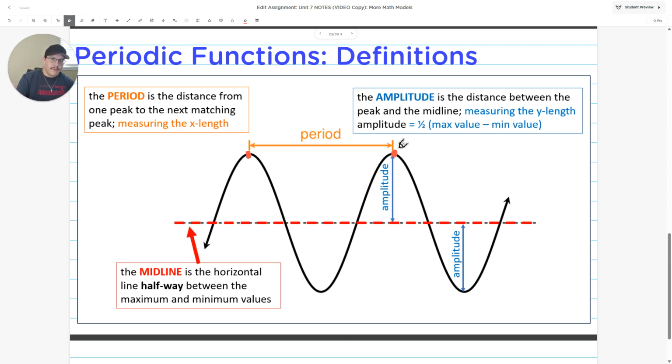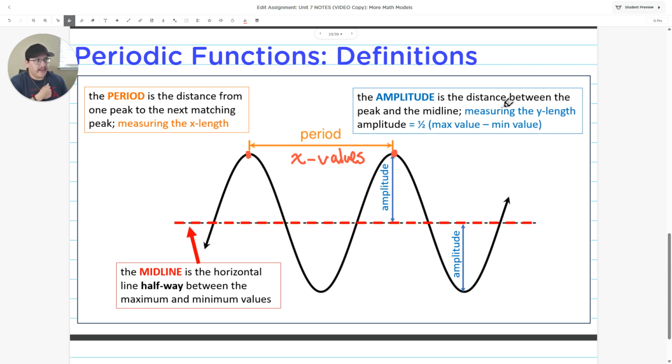The segment from one part of the graph to its next part, where it starts to repeat itself, that measurement is called the period. You can measure that out, and you can determine what the next peak will be, and so on and so forth, because everything repeats. So that is measuring the x value, the x length, from one end to the other.